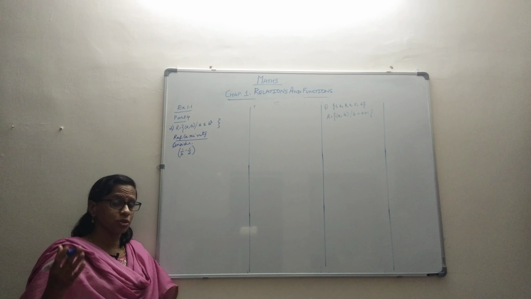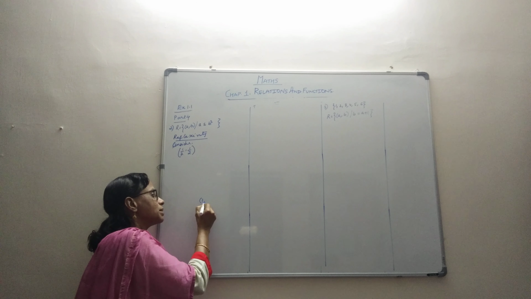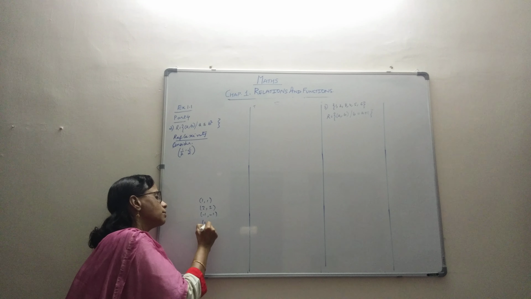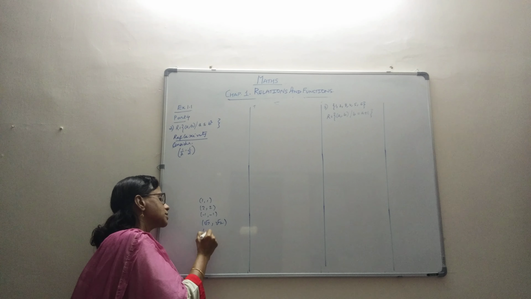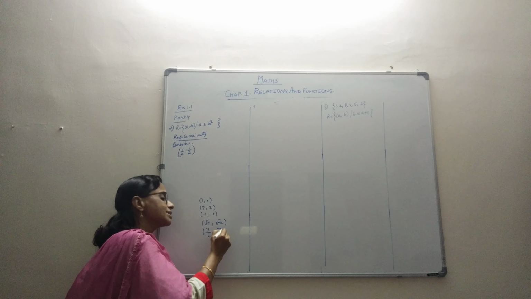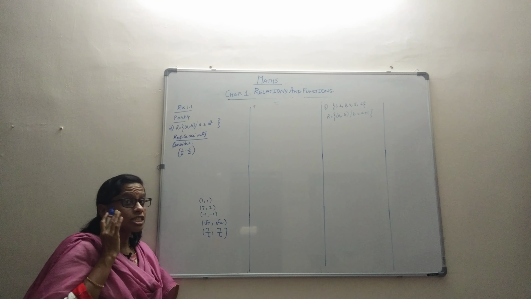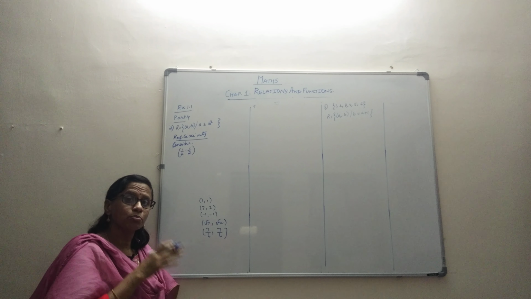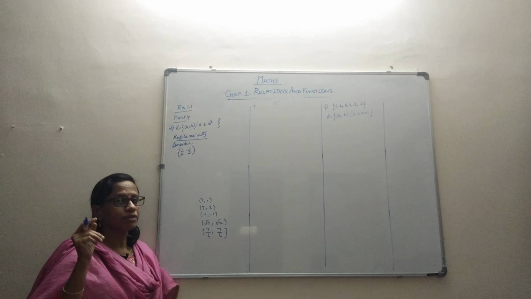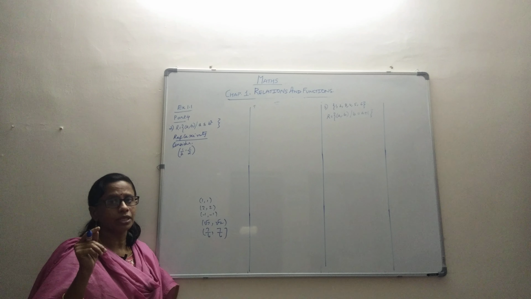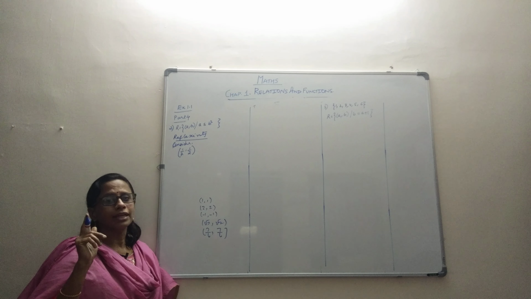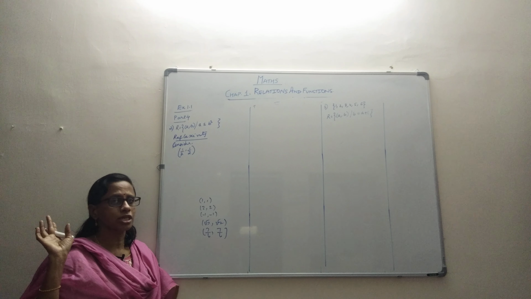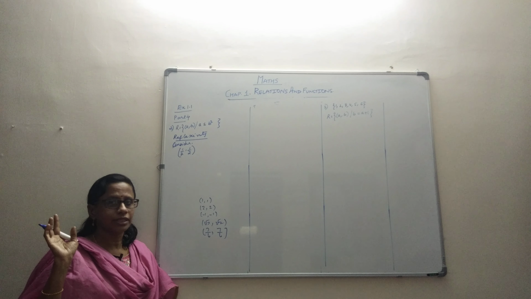If this condition has to be obeyed, then every element may be (1, 1), maybe (2, 2), maybe (-1, -1), maybe (root 2, root 2), maybe something like (7/6, 7/6). This is the meaning of reflexivity. Every such element which is a real number, if of this form, should belong to R. If you are able to find even one such example which doesn't belong to R, then R is not reflexive. So our idea is to just find one element which doesn't obey this property, then we are done.